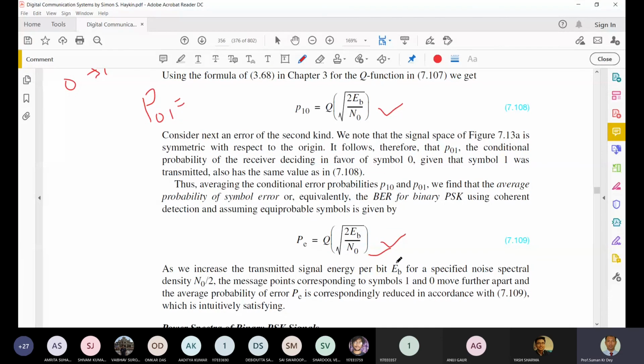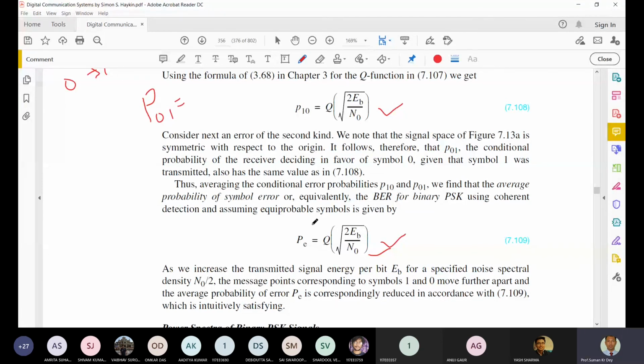Okay. So now if you increase the transmitted signal energy per bit, that means Eb, for a particular value of the noise spectral density n naught by 2, what will happen?